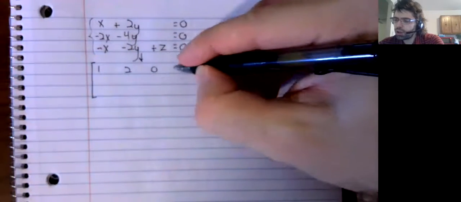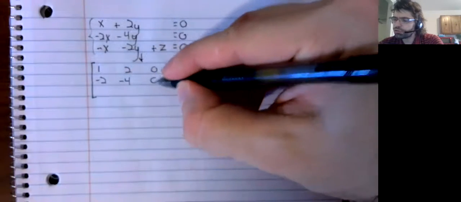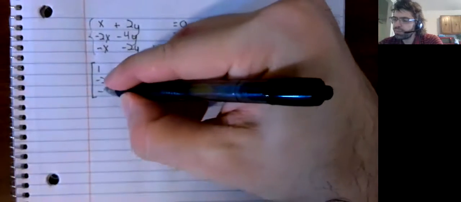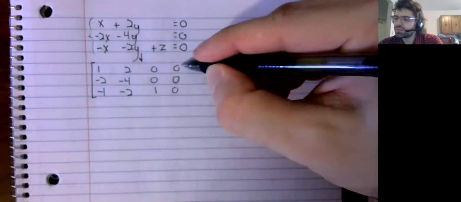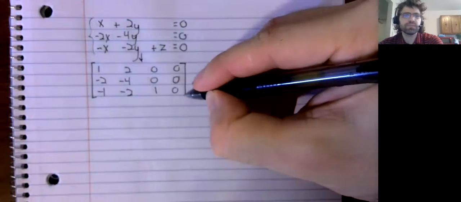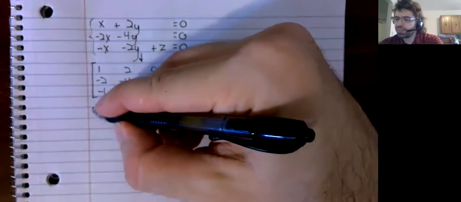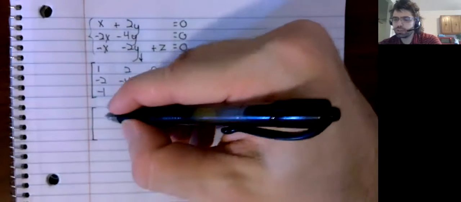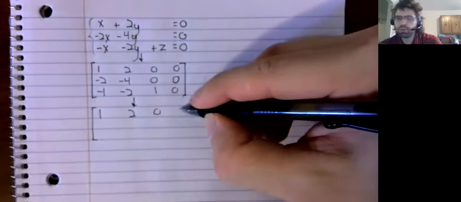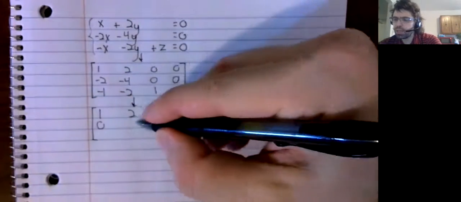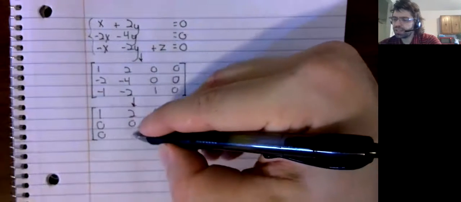So the augmented matrix is this, and when we put this into reduced row echelon form, we get this.